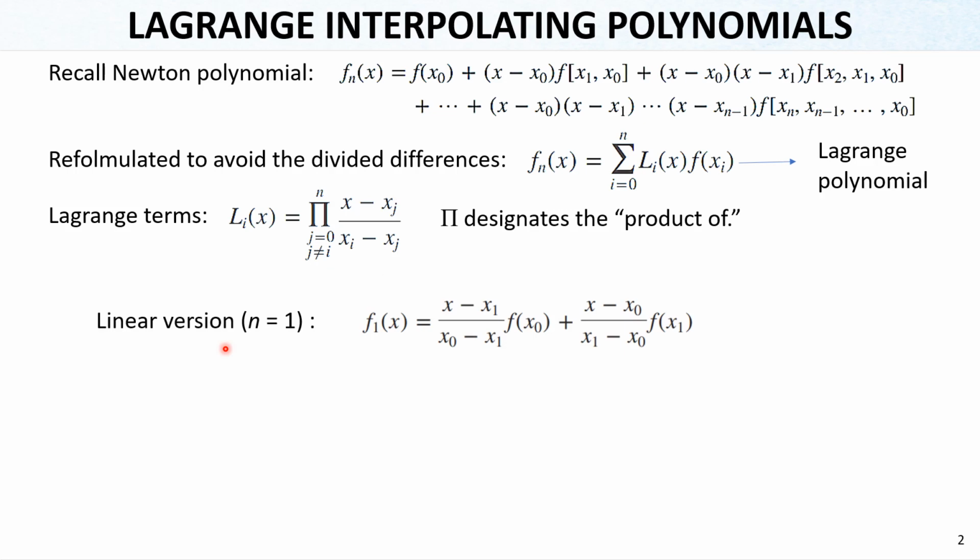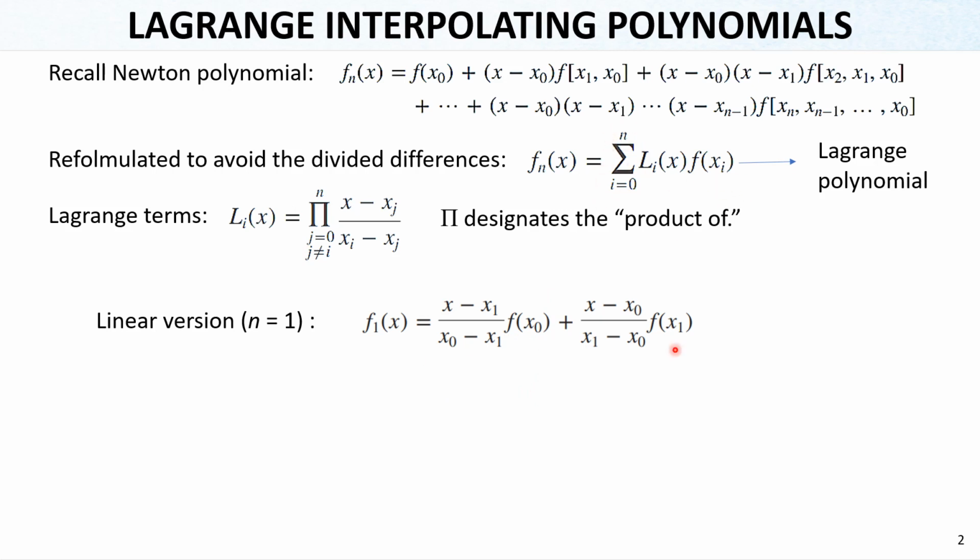If we think of the linear interpolation, which means n equals 1, order 1, this Lagrange polynomial becomes (x minus x1) over (x0 minus x1), multiplied by f(x0), because i is initially 0 and n is 1.